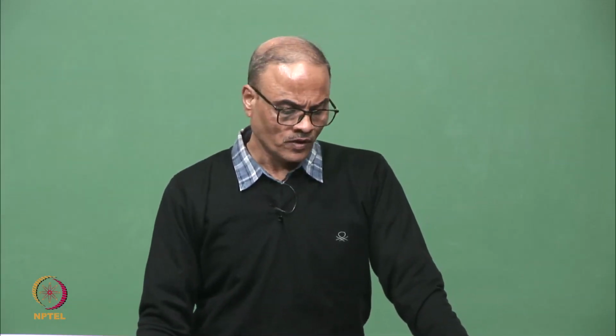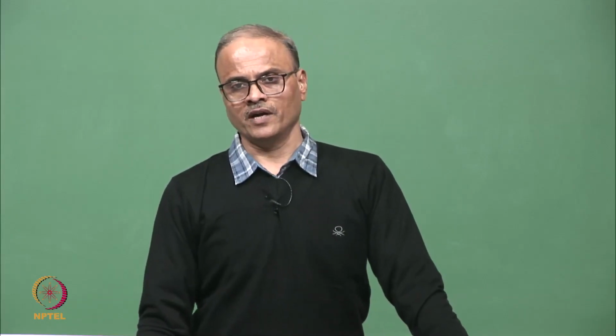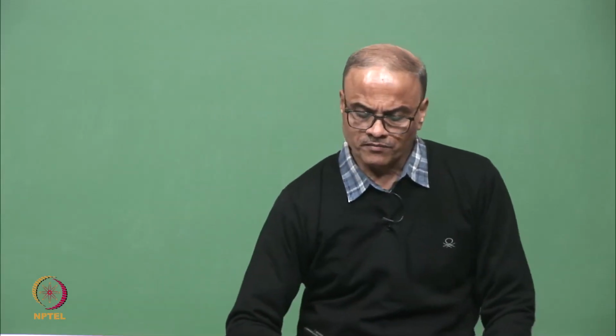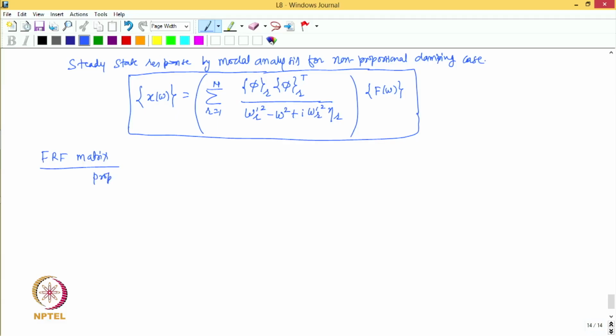Now, we would like to find the FRF matrix in terms of the modal model, that is the eigenvalues and eigenvectors. Let us do it for the proportional case first.